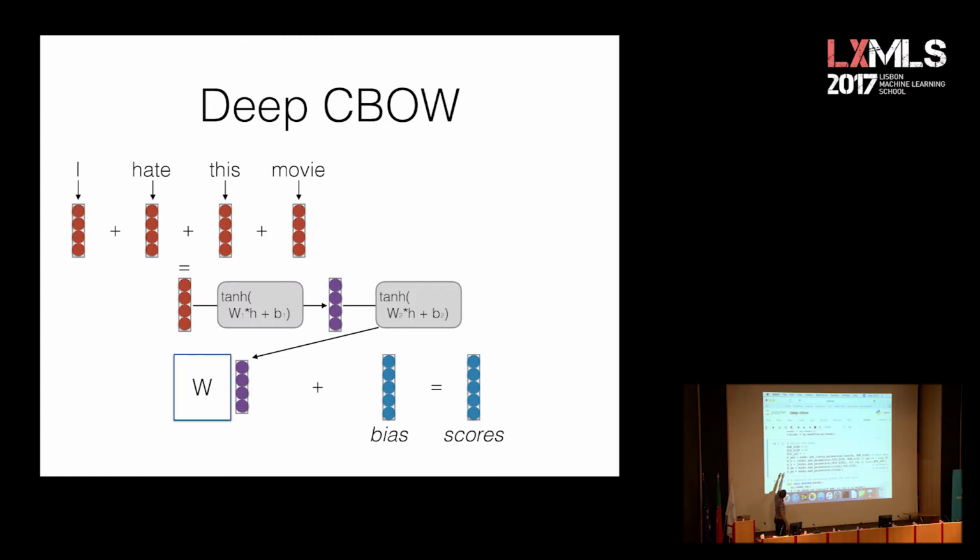Then we have weight parameters, the weight matrix and the bias vector for each of our layers, and these are appropriately sized. So the first one takes in something that's the size of the word embedding and outputs something the size of the hidden layer. The second one takes in something that's the size of the hidden layer and outputs something the size of the hidden layer. And then in the final one, we have parameters to do the transformation into our scores.